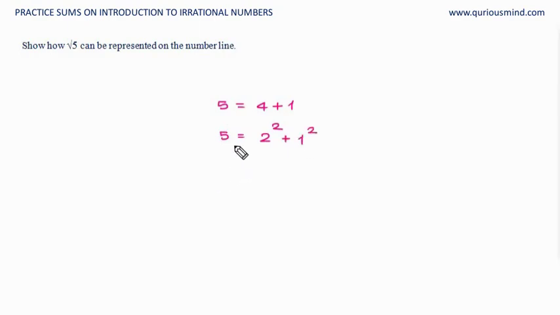And that gives me a Pythagoras. So I can represent it as root 5 square is equal to 2 square plus 1 square. So if these are two legs of a right triangle, this is going to be the hypotenuse. And using this knowledge, I will be able to represent root 5 on a number line.